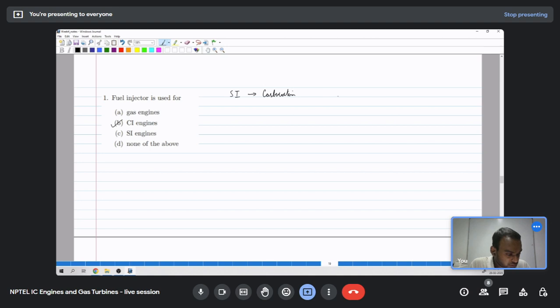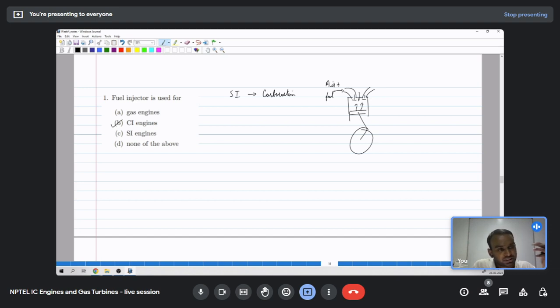That means in the intake we have air plus fuel going in, and during compression you compress the fuel and air together. And you have a spark plug, and your intention is to combust the mixture only when the spark happens, right?